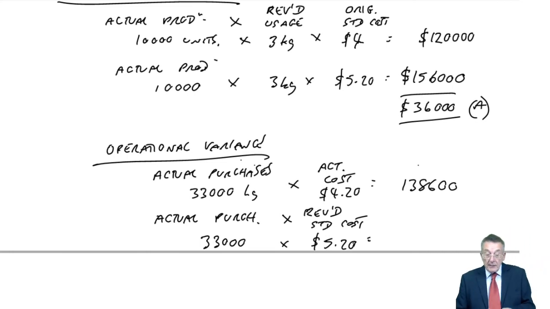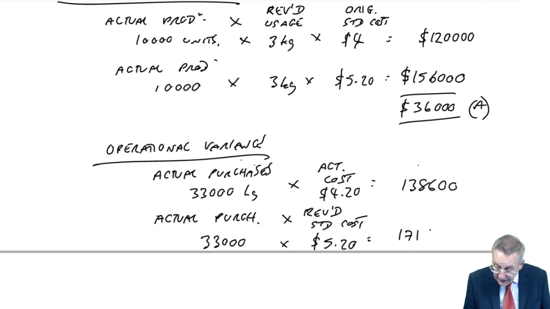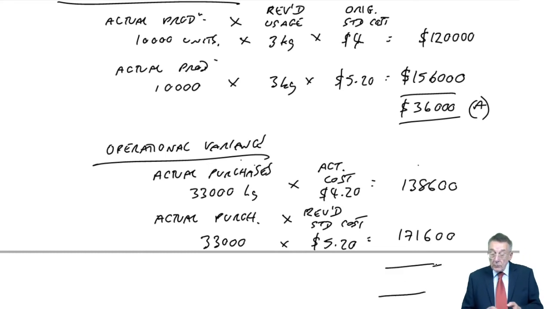Having revised, we were expecting the manager to have paid 171,600. And of course, he's actually done well. There's a favourable variance of 33,000.